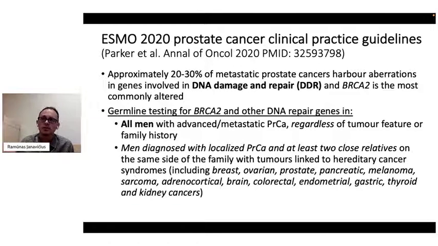So regardless of Gleason score, which was previously regarded as 8 or more, so it's not very important now. Also regardless of family history. Also for men diagnosed with localized prostate cancer who have at least 2 close relatives on the same side of the family, either paternal or maternal, with various tumors which link to hereditary cancer syndromes, and the list is quite extensive.